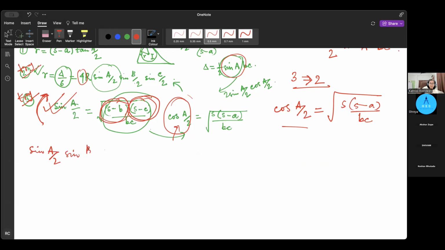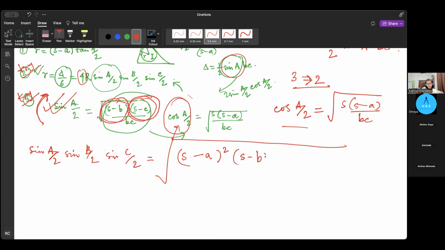Sine A by 2, sine B by 2, sine C by 2. So what you're going to get is a very big square root and s minus a whole square in the numerator, then s minus b whole square, then s minus c whole square. Do you see where the whole squares come in?